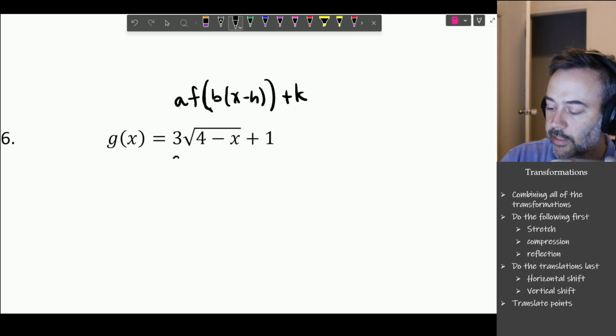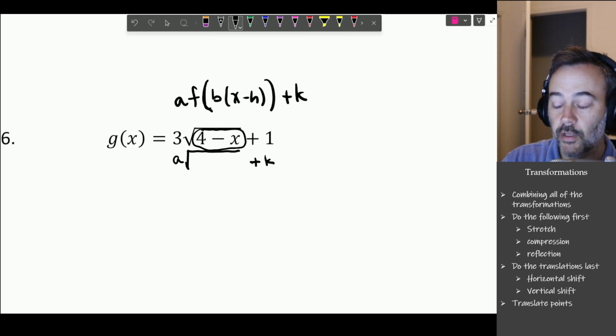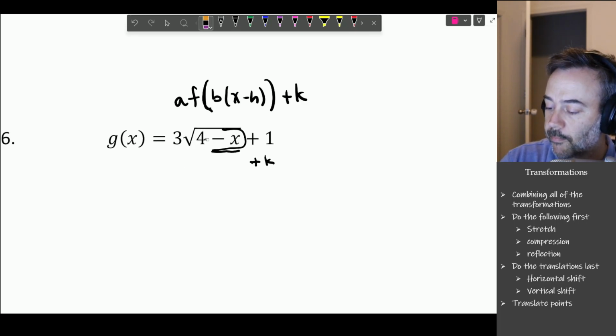And what we have here is A square root of, and out here this is k, no problem. But the problem is we have this stuff not in the correct order. So we need to factor in order to make that happen.